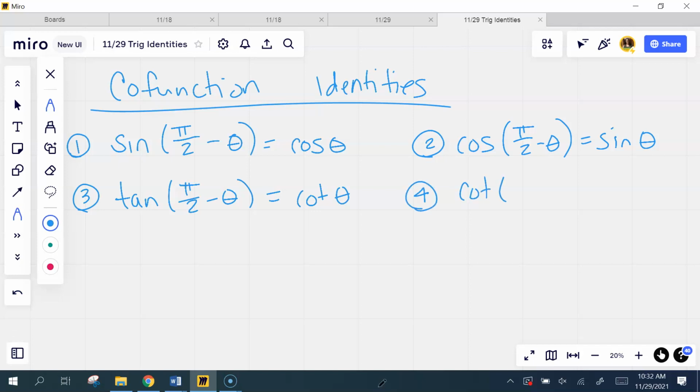And the cotangent. The secant, remember, is 1 over cosine, so what do you think this is going to equal?